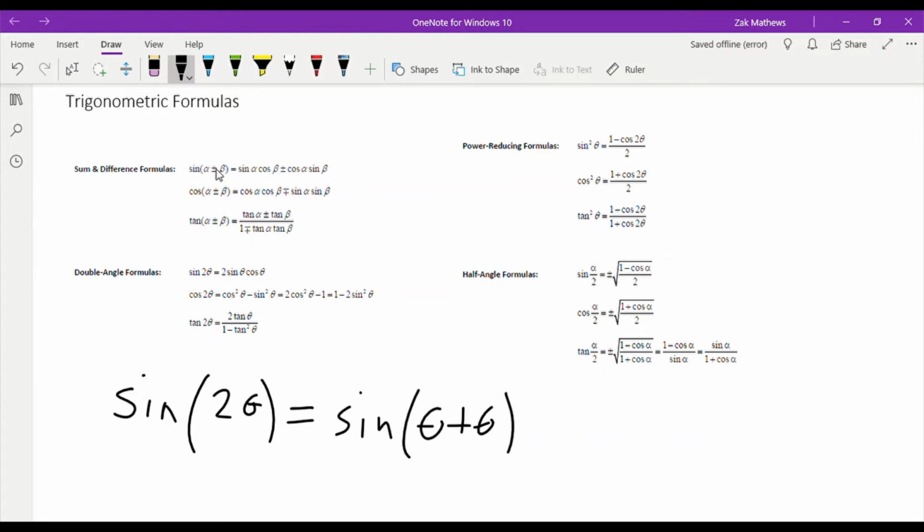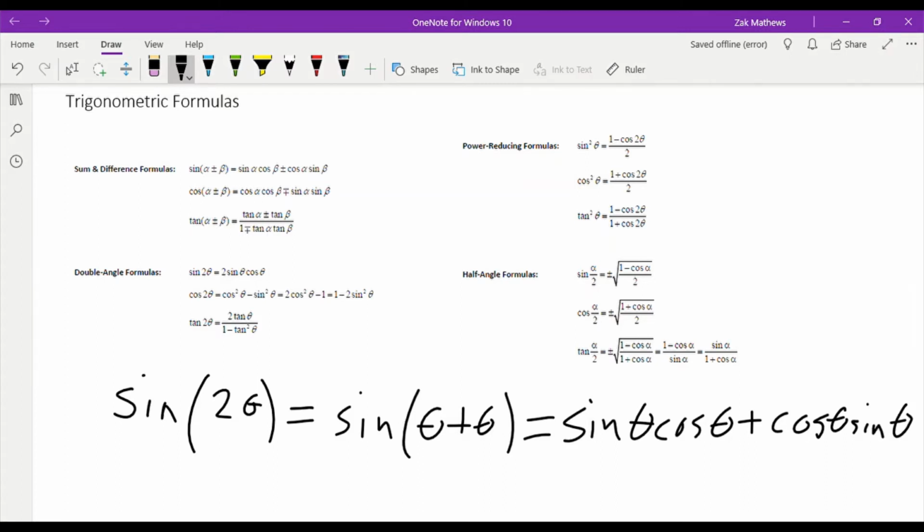And so here's where we get to that choice, plus or minus. Because I have a plus here, I'm going to use the plus on this side as well. I'm going to use those top symbols. So we could write this as sine of theta, because alpha in this case is just theta, cosine of theta, because beta is also theta, plus cosine of alpha, which we already said was theta, sine of beta, which we said was theta.